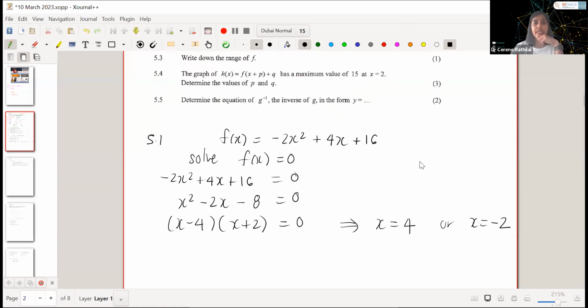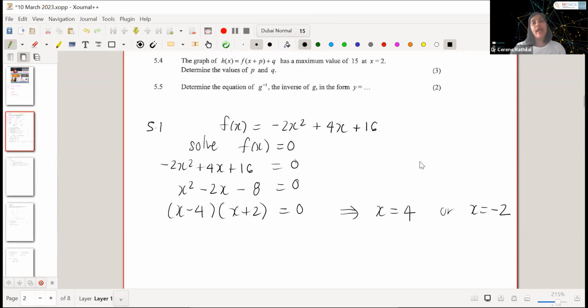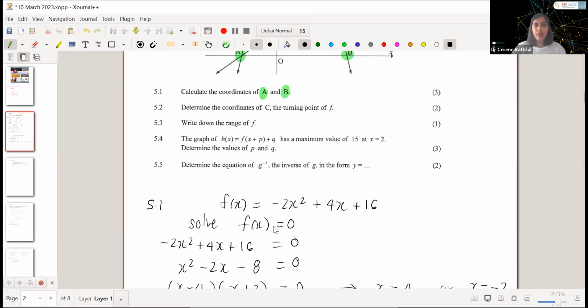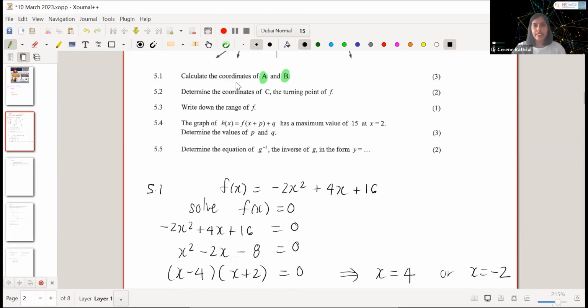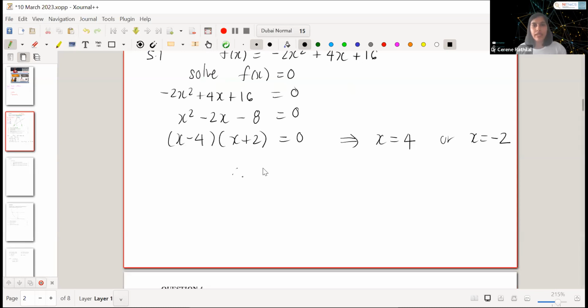Based on this, I now have the x coordinate, the first value in the xy pair for A and B. A was the value on the left-hand side, isn't that so? So it has the smaller x value. So A is equal to minus 2, 0. And B will have to be the larger of the x values, which is 4, 0.